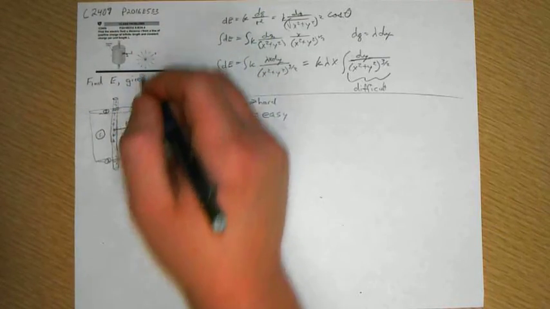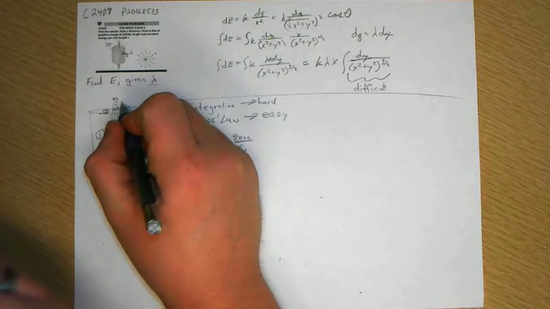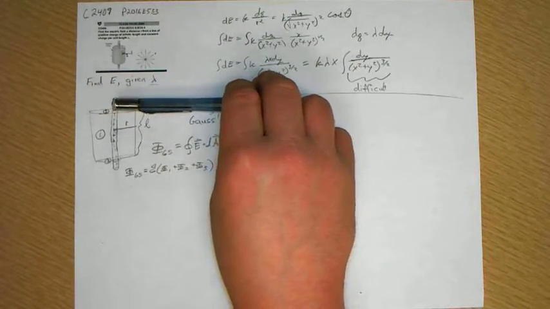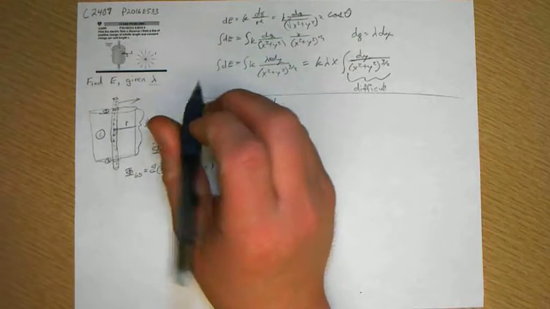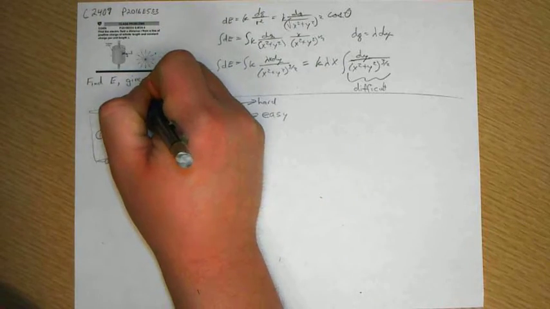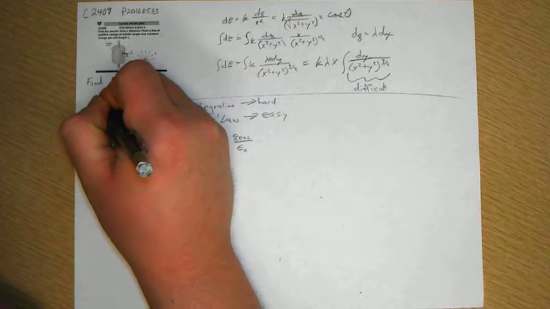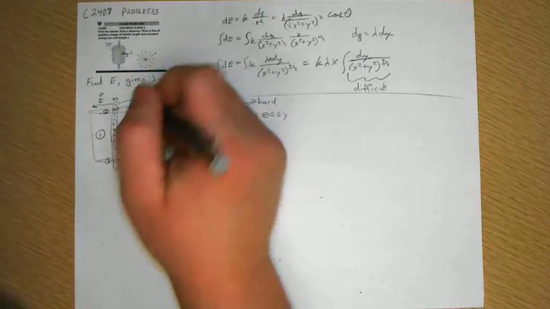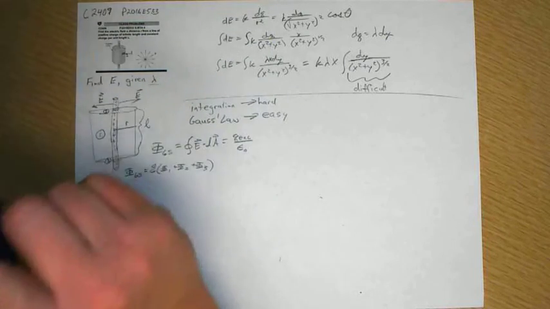Well, let's look at surface 2. As we mentioned when we were doing that stuff up here, only the electric field that goes directly out from the line of charge is going to count. Everything else gets canceled out. So the electric field everywhere points outward from the line of charge. And of course, it points out of the paper and into the paper on the other side too. It's hard to draw that.